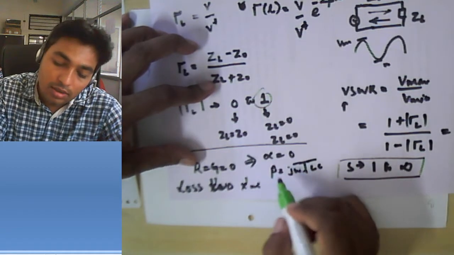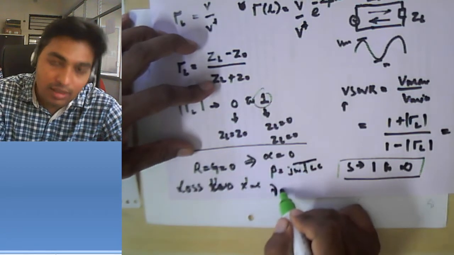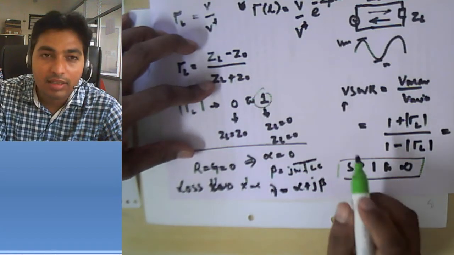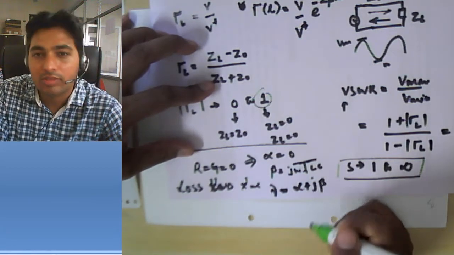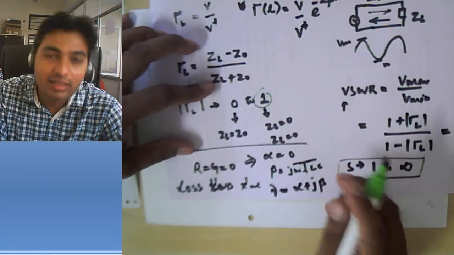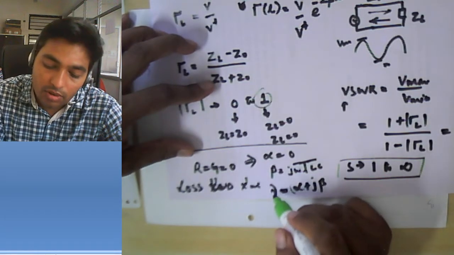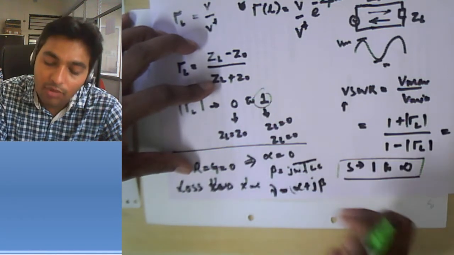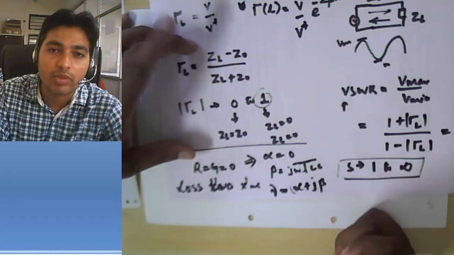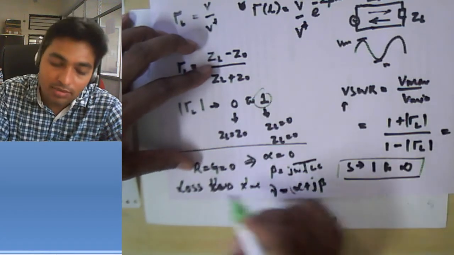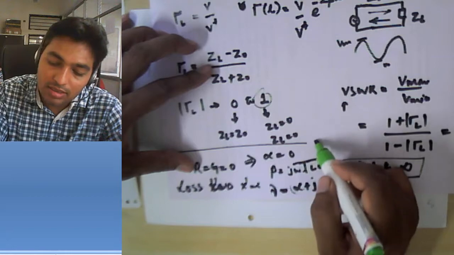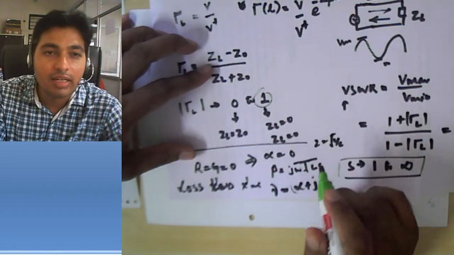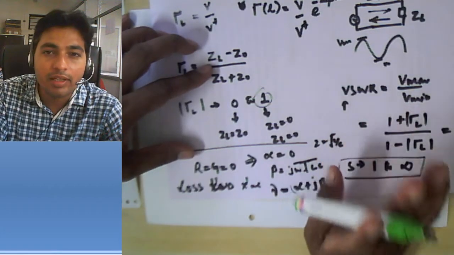So our propagation constant small gamma will be equal to alpha plus j beta. It tells that there is no attenuation constant, then only the imaginary term will be there. For a wave propagating in a lossless line, it will have only the imaginary portion of the propagation constant. As well as the impedance we have calculated, Z0 is equal to under root L by C. So impedance is always a real quantity in case of a lossless line.